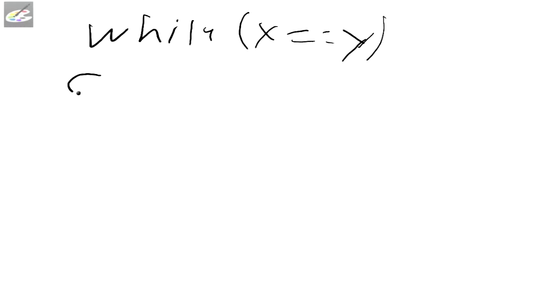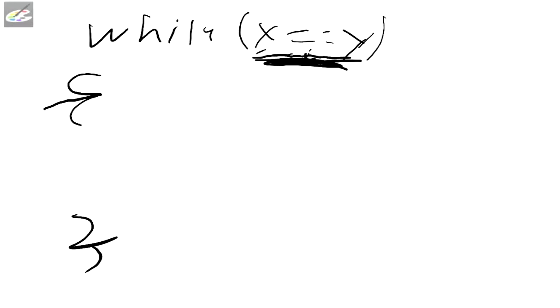Now, what a while loop does is it's similar to a for loop, but it goes on forever until this condition's met. You have to watch out for these, because sometimes they will crash your program because they will never stop. If this is never false, it will keep going on forever.